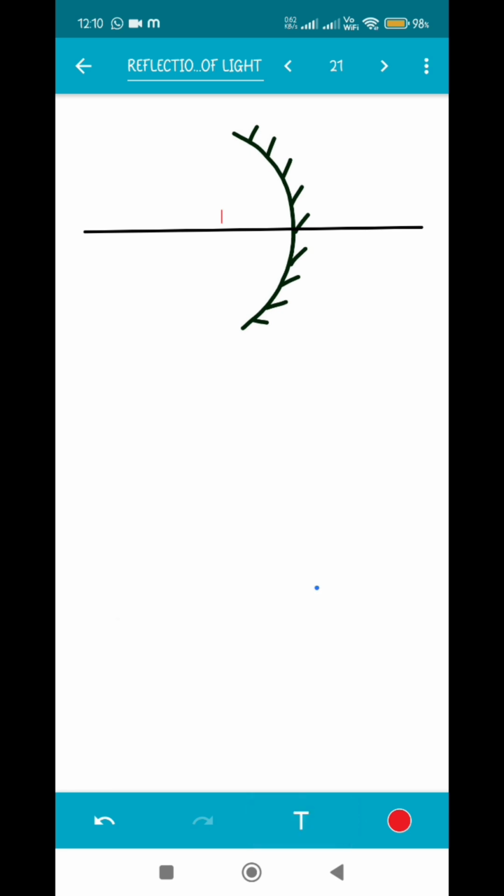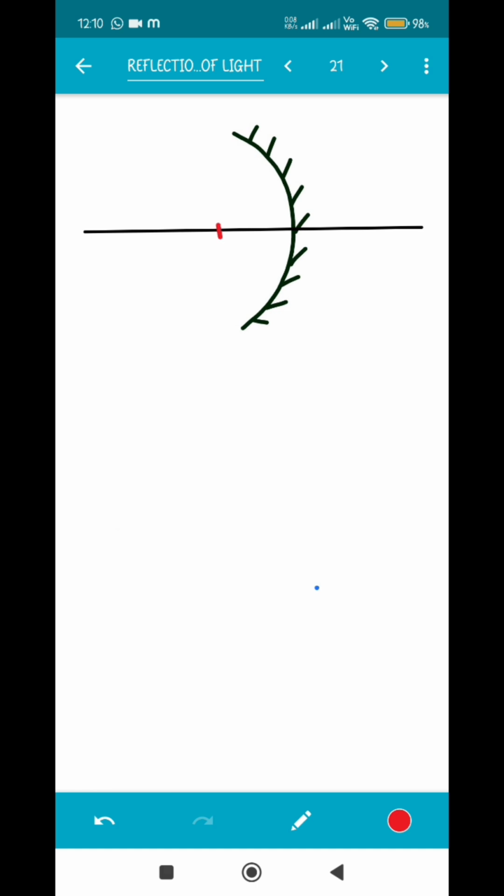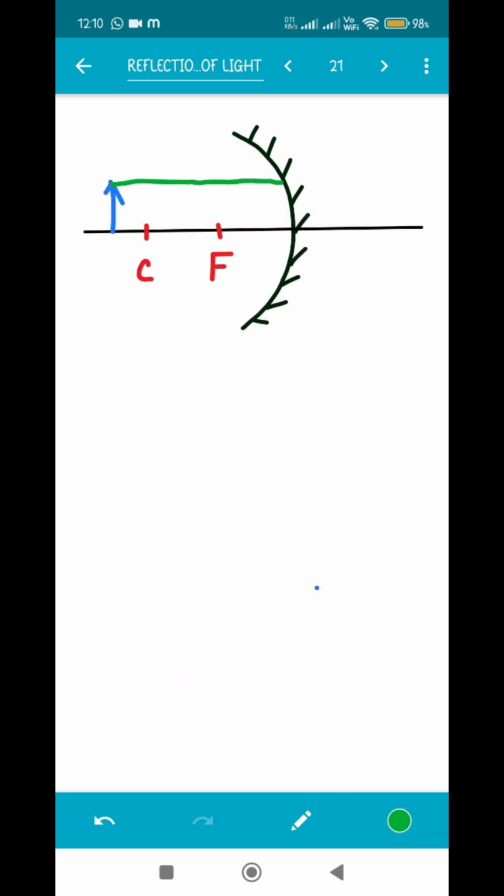So let me quickly point the focus and the center of curvature. So in this case, the object is placed beyond the center of curvature. So the first ray will move parallel to the principal axis and hence it will pass through the focus. The second ray will move through the focus and become parallel to the principal axis.